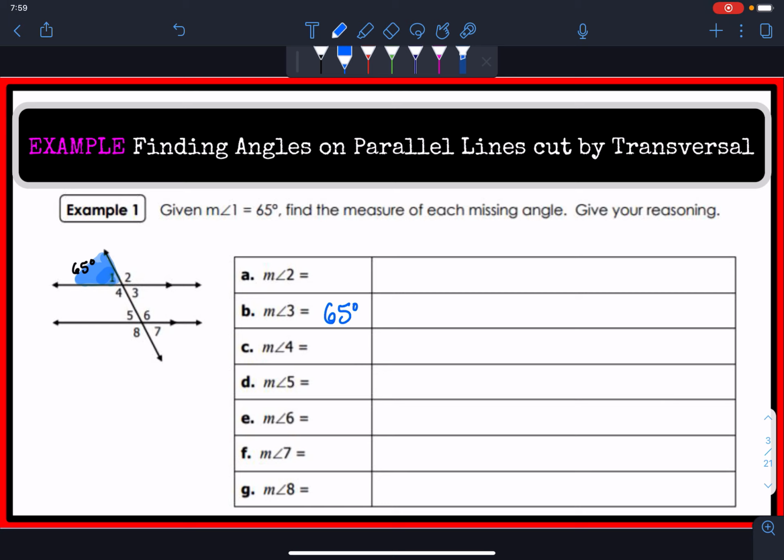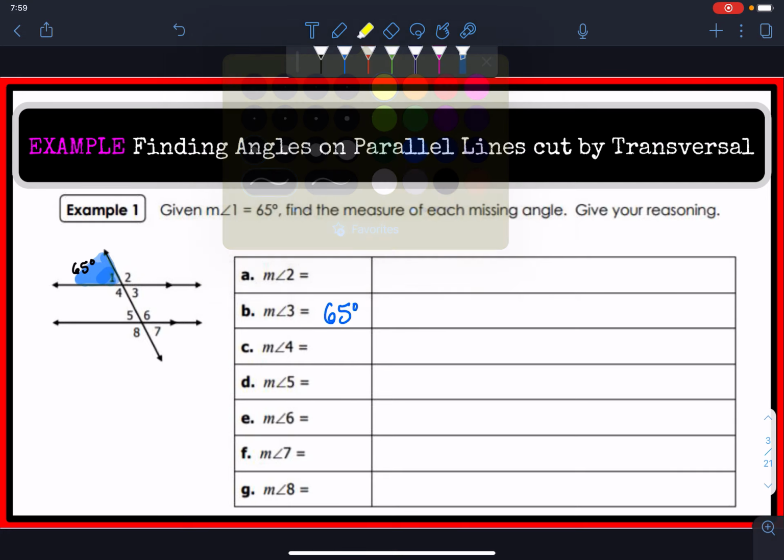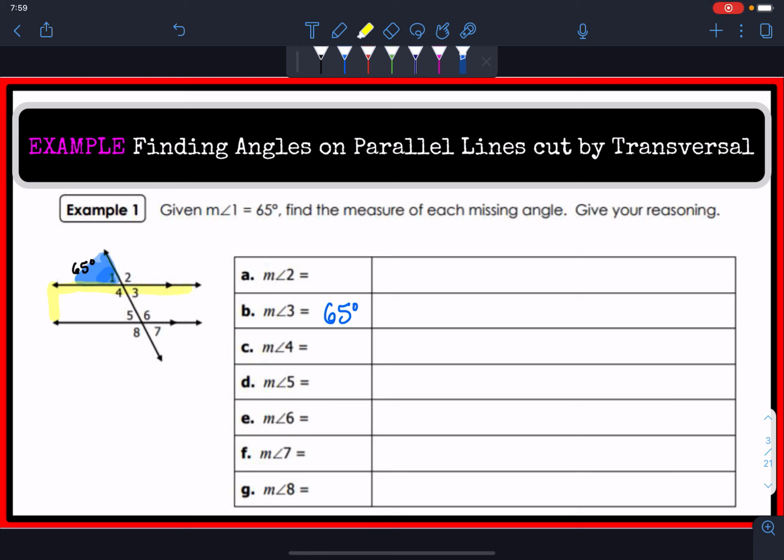Now, from there, let me get my highlighter. I have my inside. Everything inside, again, the yellow is considered to be the inside in between the two parallel lines.